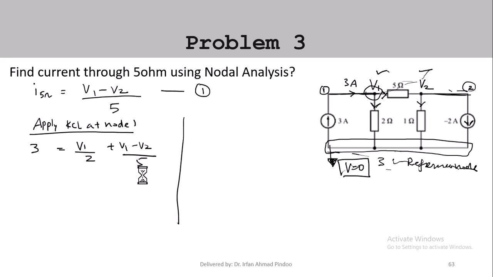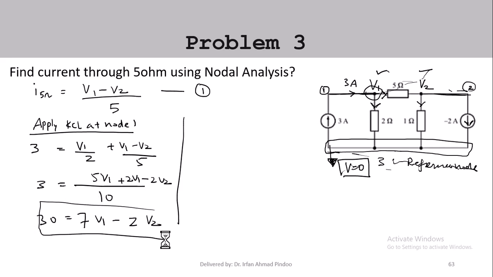Solving, 3 is equal to, taking LCM 10, (5V1 plus 2V1 minus 2V2) by 10. So we get 30 is equal to 7V1 minus 2V2. This is one equation we got.